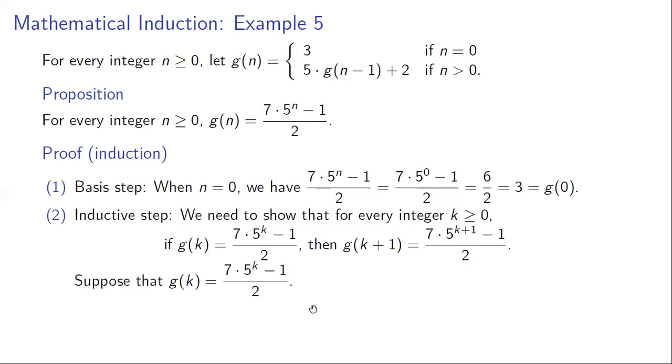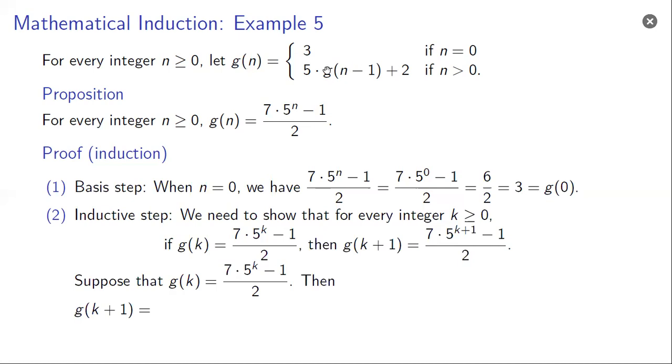So suppose that g of k is equal to 7 times 5 to the k minus 1 divided by 2. Well, then what can we say about g of k plus 1? Follow the definition of g. G of n is 5 times g of n minus 1 plus 2. So in the case where n is equal to k plus 1, what does g of n minus 1 become?